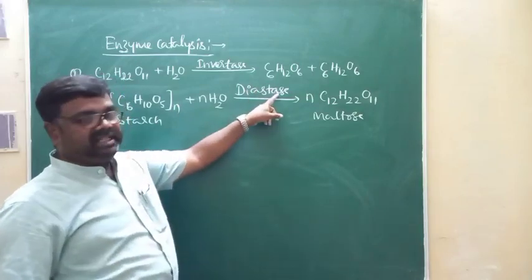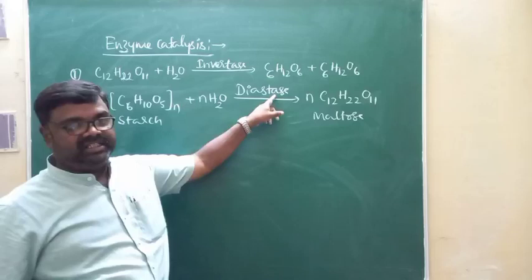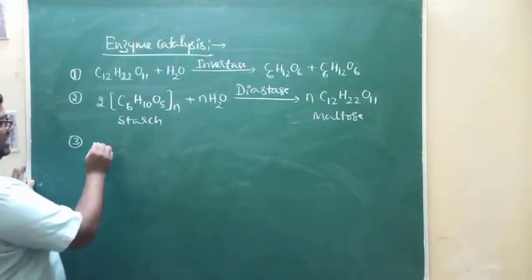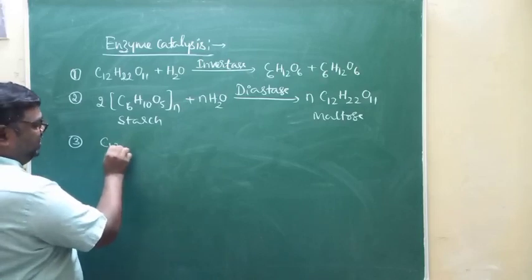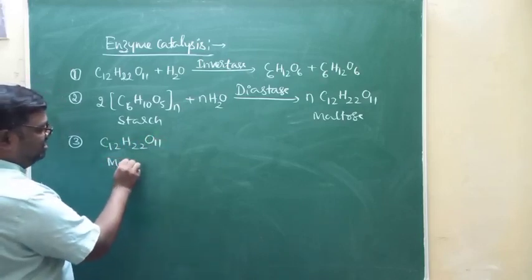The source of this diastase is malt. Malt itself is a source of diastase as far as the enzyme diastase is concerned. As far as the third example is concerned, look at this: C12H22O11, one of the disaccharides called maltose.